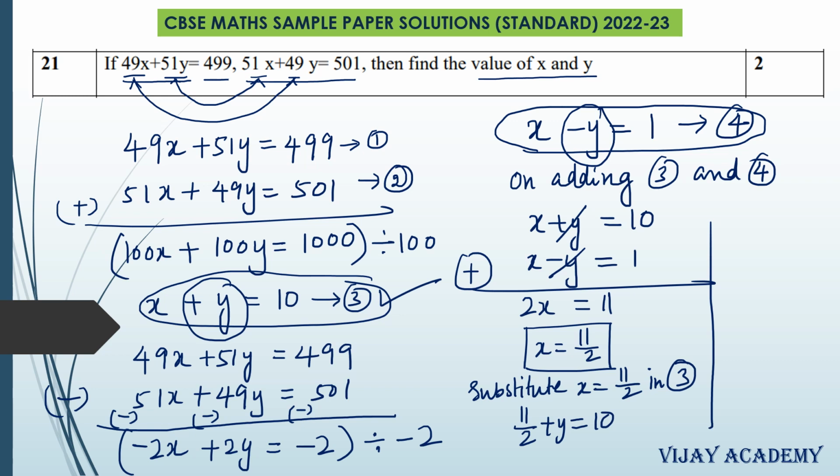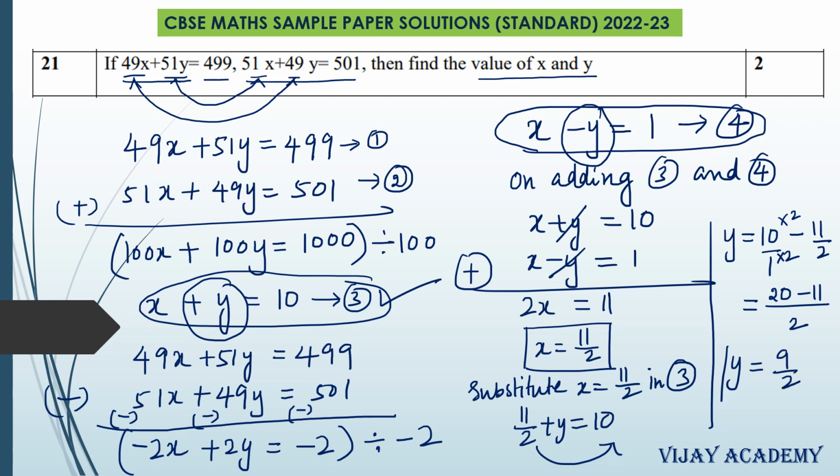Then transpose 11/2 to the RHS. You get y = 10 - 11/2. Take the LCM of 1 and 2, we get 2, and then rewrite the numerator. Here 1 into 2 is 2, therefore 10 into 2 is 20. 20 minus 11, we get y = 9/2. So the values of x and y are 11/2 and 9/2.